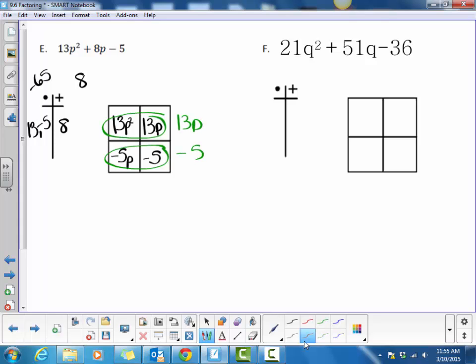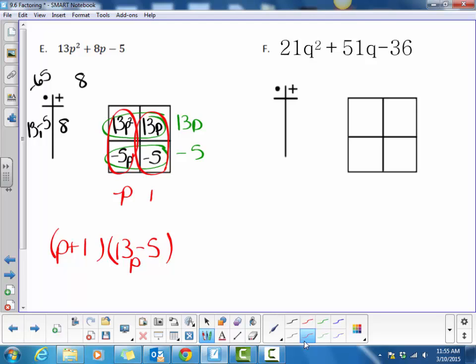What about greatest common factors of the columns? p and 1, yeah. So I have p plus 1, and 13p minus 5. And I see here that my 5 should be negative, and it is.